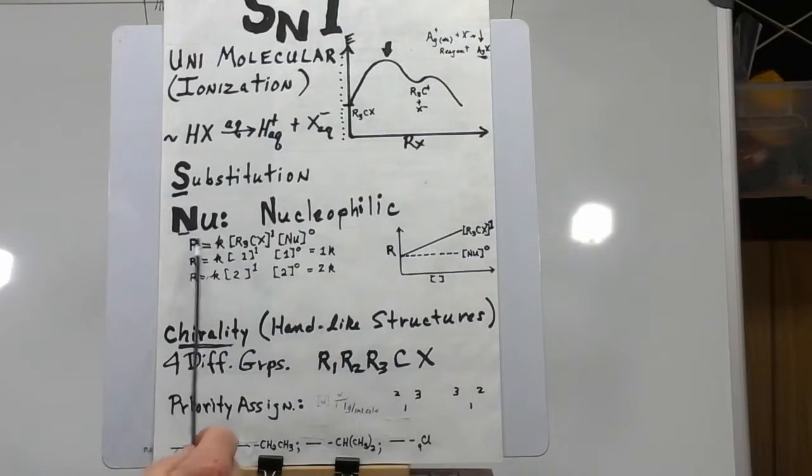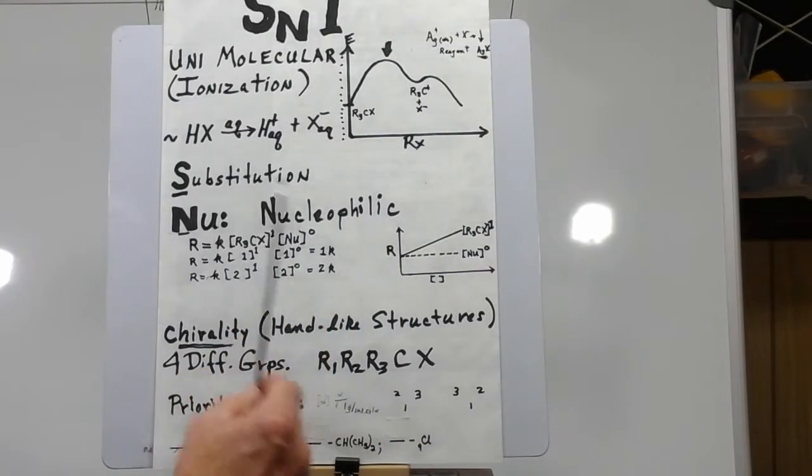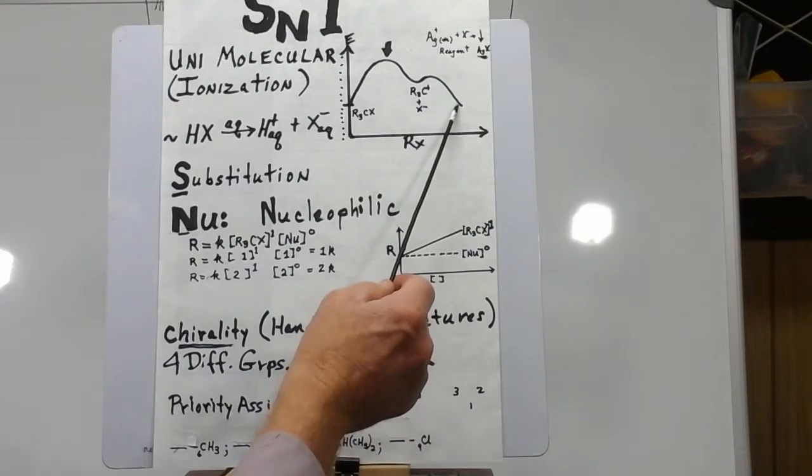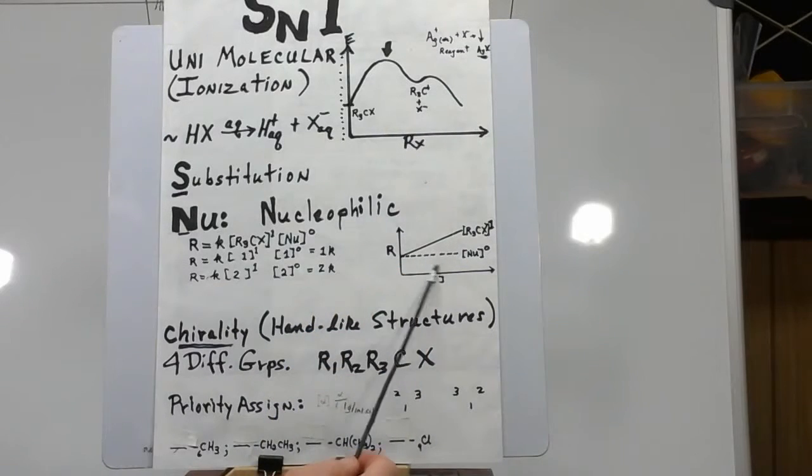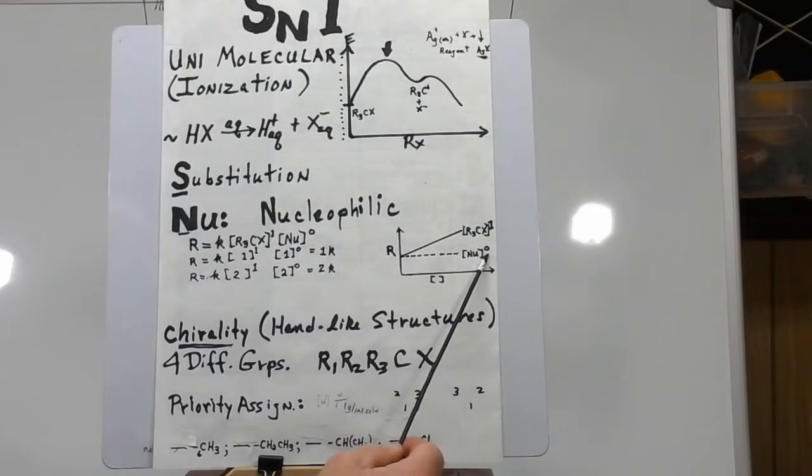So if we look at what that means as far as the kinetics, I've got the nucleophile, the group that comes in, over here. You have to have enough in there for the reaction to occur. But beyond that, the reaction is so fast that you can double the concentration, triple the concentration, whatever, and the rate stays the same. So that's what we call zero order, zero contribution.